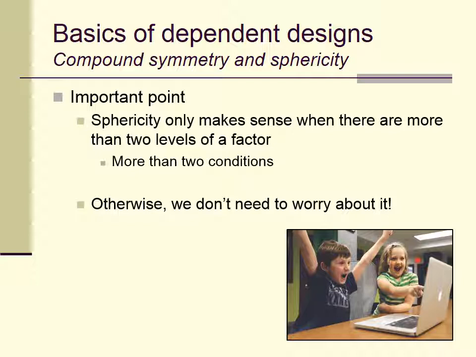As a side point, I have one stats textbook that I've used in the past where the authors argue that essentially you should always do analyses for dependent designs based on comparisons of two and only two levels of your dependent factor.